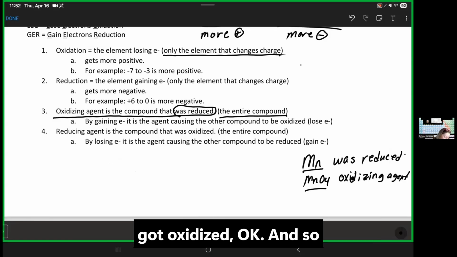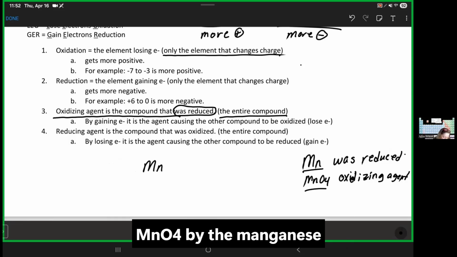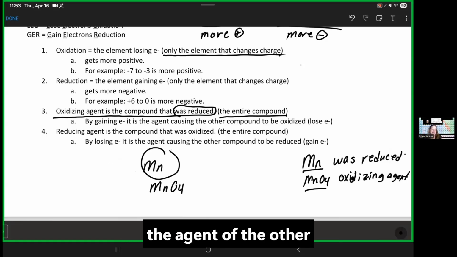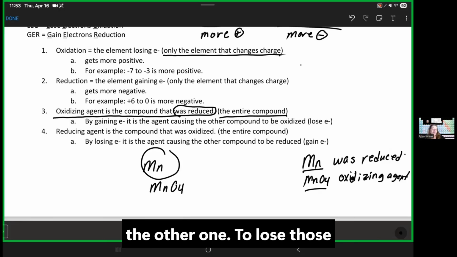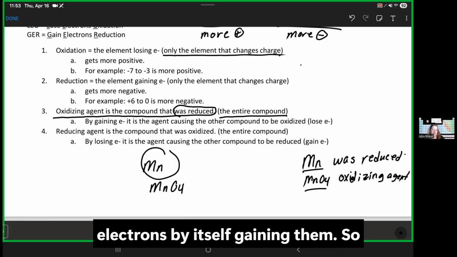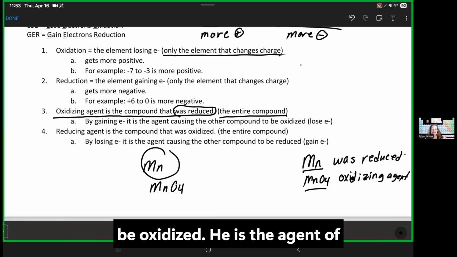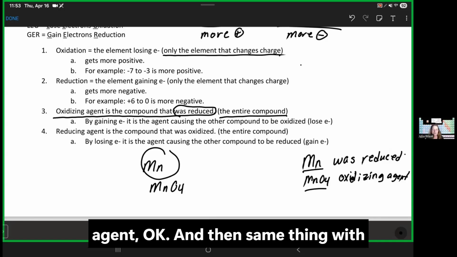And so if manganese was reduced, the MnO2, by the manganese gaining those electrons, it is the agent of the other one's oxidation because it allows the other one to lose those electrons by itself gaining them. So whoever's reduced allows the other one to be oxidized. He is the agent of the other one's oxidation, the oxidizing agent.